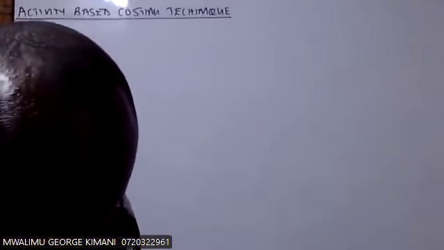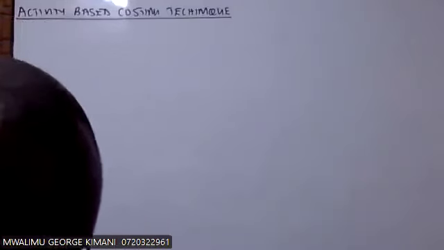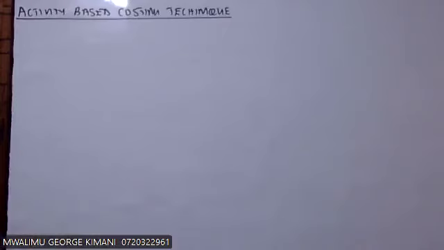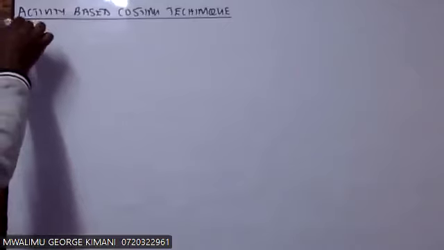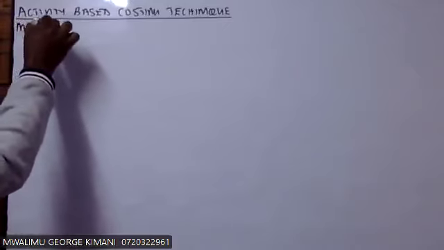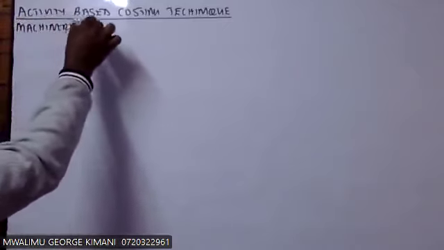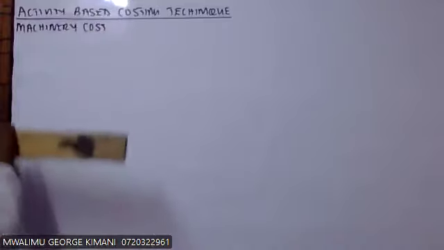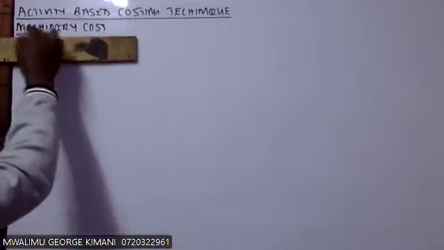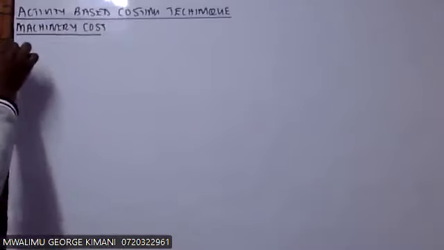So the first one, we start with the machinery cost center. So we just call it machinery costs. Now, when you are under machinery costs, the first thing you need to get is the OER.